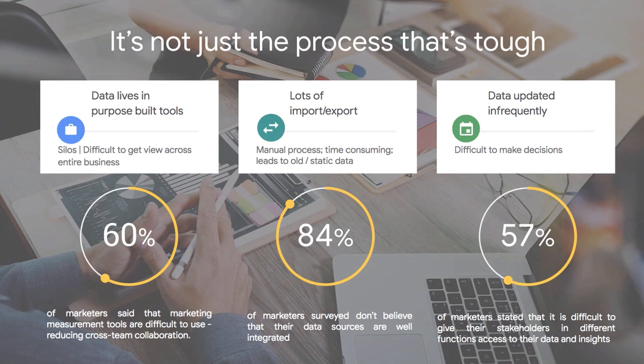Moving on, a lot of import and export, a lot of manual process is still present in your daily work. So it's very time consuming, and 84% said they don't believe that their data sources are well integrated together. And here, remember, integration is the key if you want to move up the tech maturity line.